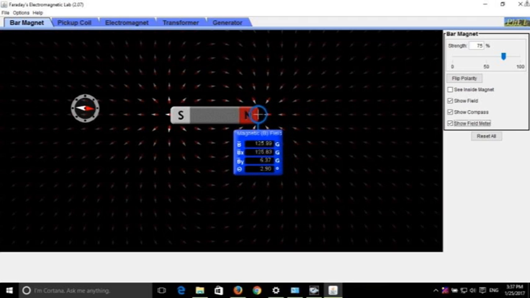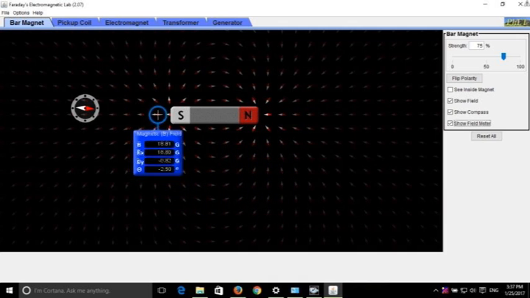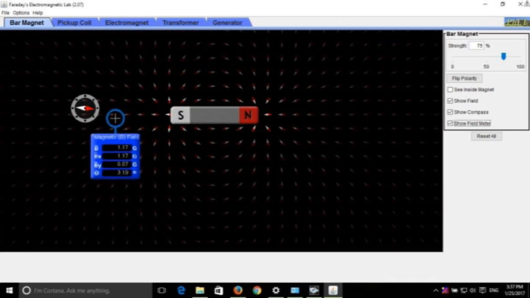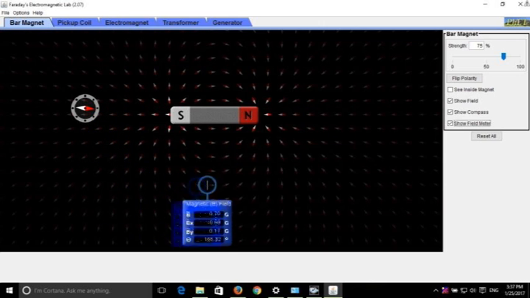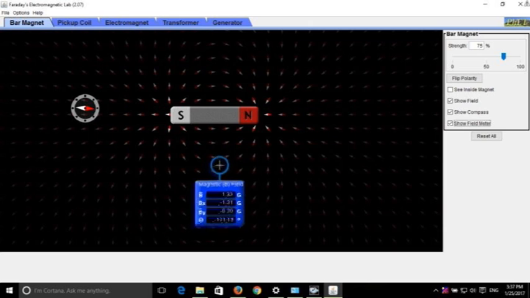When you move slightly inside the magnet, it is still larger, and that you can find at the south pole also. But as I move out, the magnetic field induction becomes weak. And when you move to the sides, the magnetic field induction is negligible.